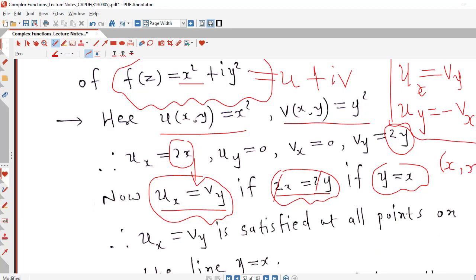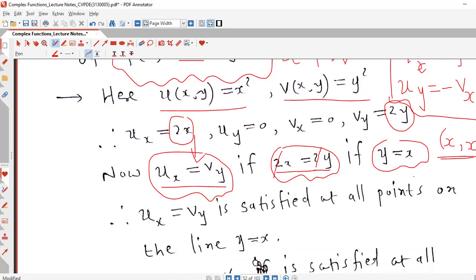So that means the equation is satisfied at all ordered pairs in the form x comma x. That means x and y components are the same. And we know that these points are on the line y equal to x in the xy plane.